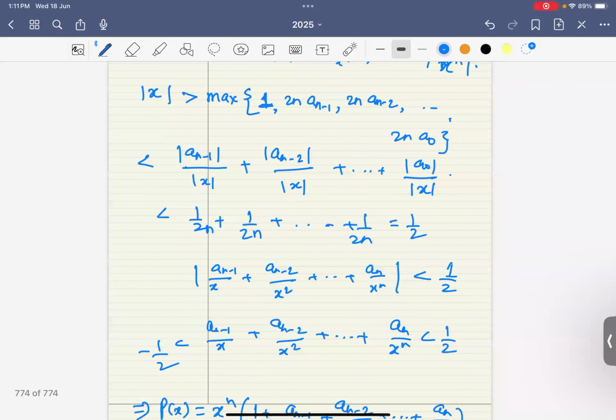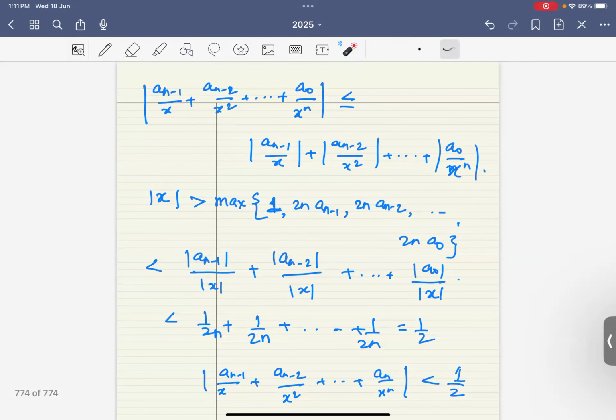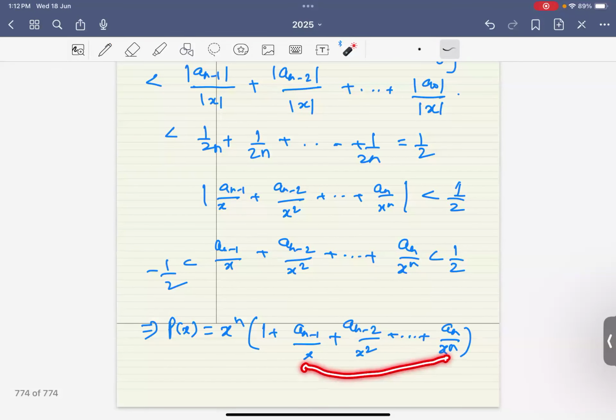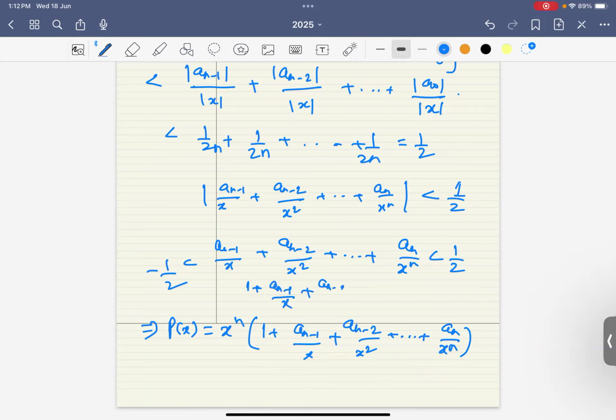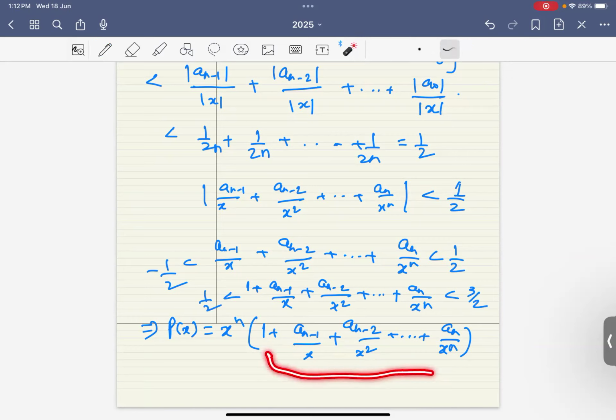If you choose your x in this region, then this number lies between minus 1 by 2 and 1 by 2, which means that 1 plus this number lies between 1 by 2 and 3 by 2.